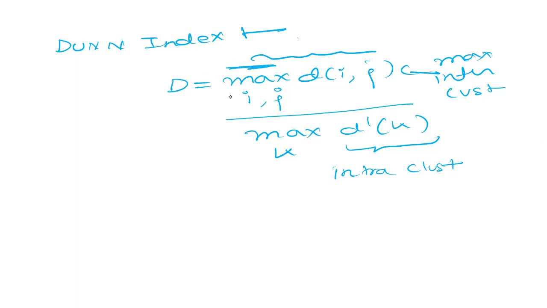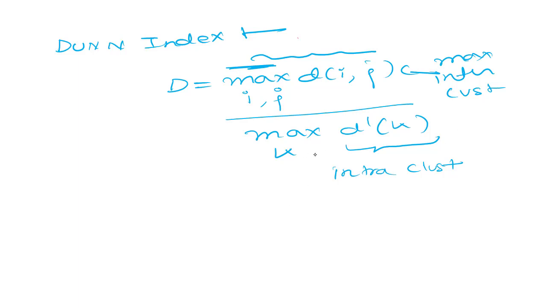Just don't be confused by the maximum and minimum: it ideally means you want the distance within the cluster to be small, so you take whichever has the largest distance. That's how you can evaluate your model.